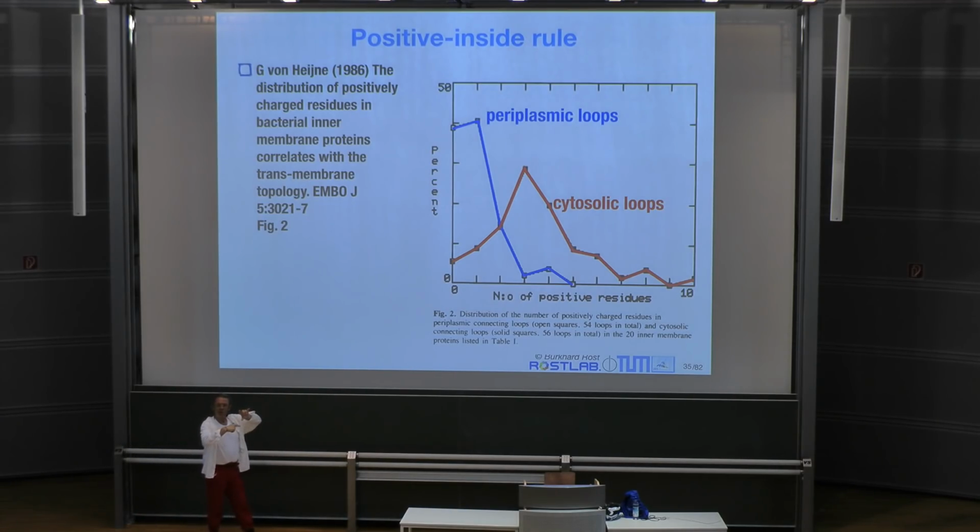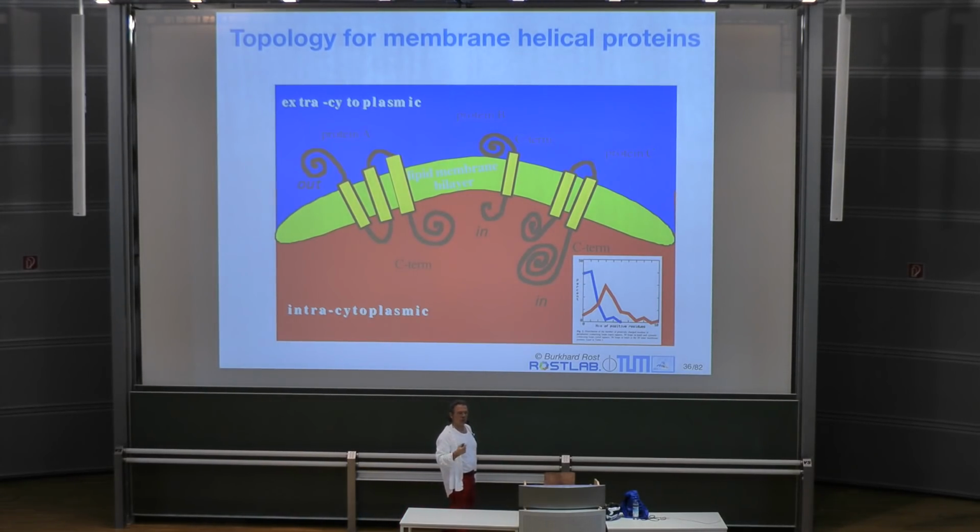When you're inside of the cell and next to the membrane helix, that's the red ones here. When you're outside of the cell and next to the membrane helix, that's the blue one. And you see that there are more positive charges on the inside. Now, if that observation is true, we could use that to find our hydrophobic region such that we optimize this signal.